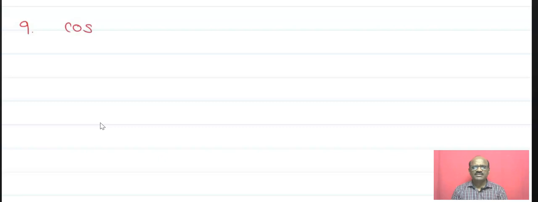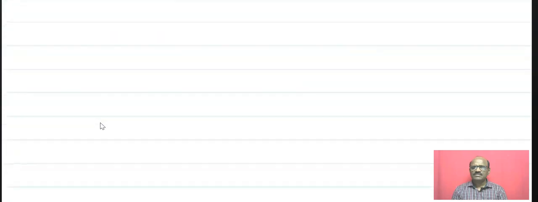Question number 9. That is cos square 2x minus cos square 6x is equal to sin 4x into sin of 8x. I'm writing the question number 9.